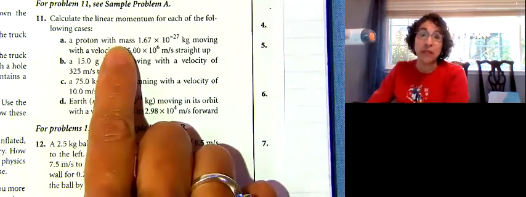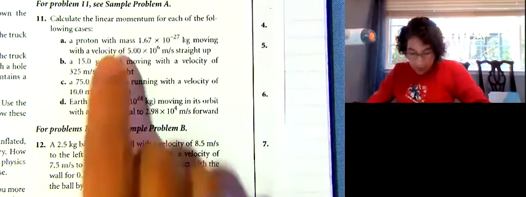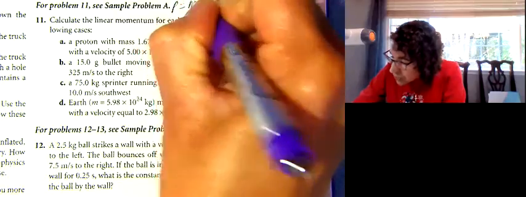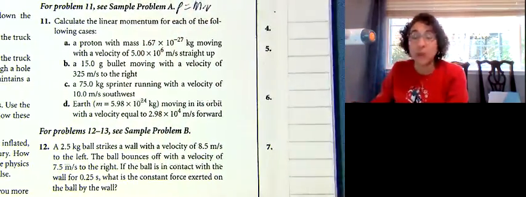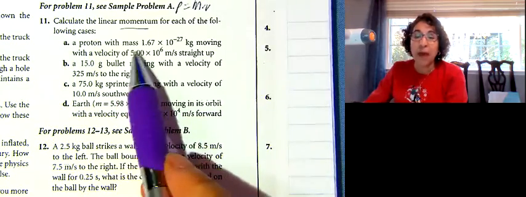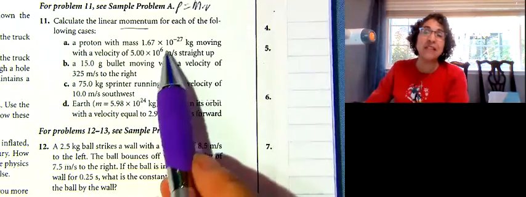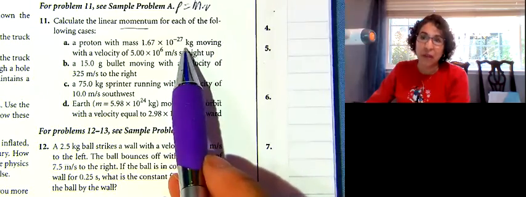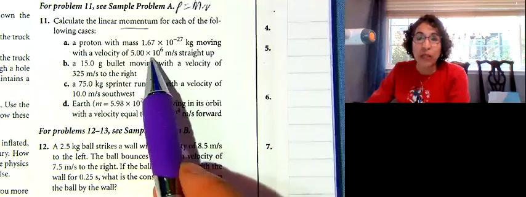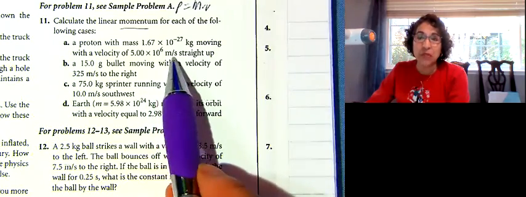What is a linear momentum? Well, we know momentum is lowercase p, which is equal to mass times velocity. That's what momentum is. They gave us the proton with mass 1.67 times 10 to the negative 27 kilograms, moving with a velocity of 5.0 times 10 to the 6 meters per second.